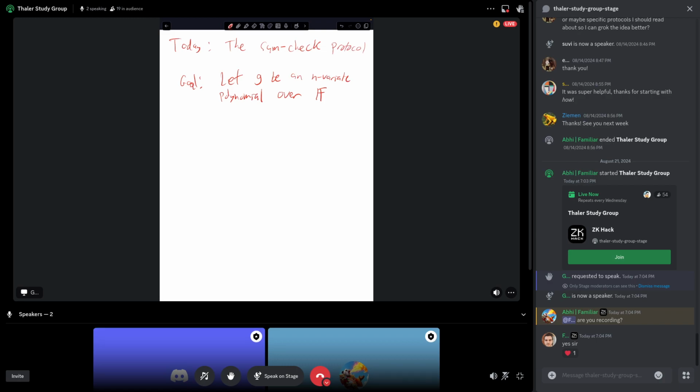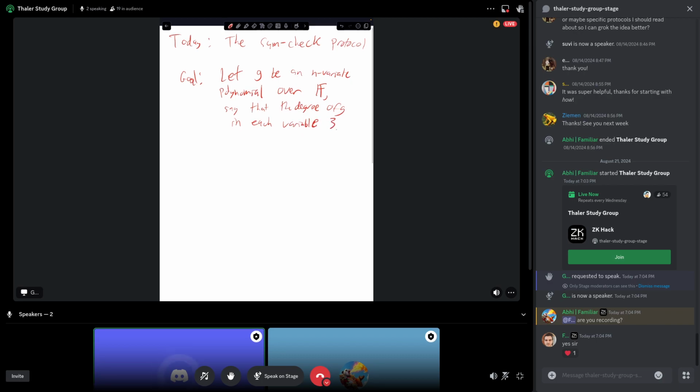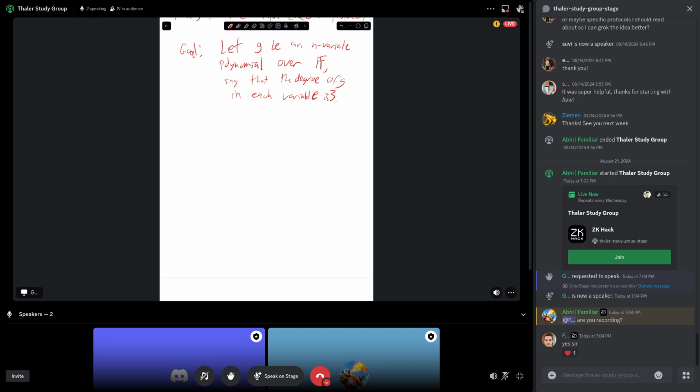And let's say for concreteness that the degree of g in each of its n variables is like 2 or 3 or something. Let's say 3 for now. In many applications it's 3, but sometimes it's as little as 2.